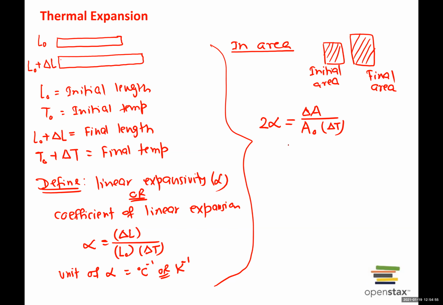In this case, A naught is the initial area, delta A is the change in area, and delta T is the change in temperature.